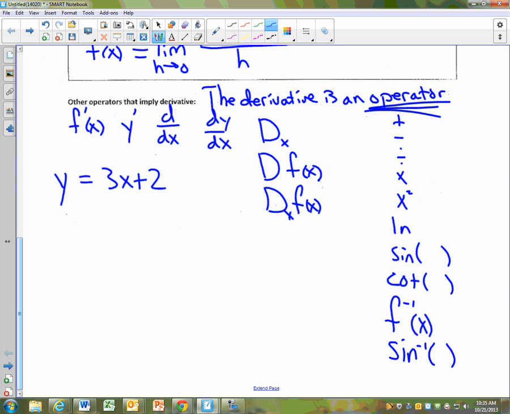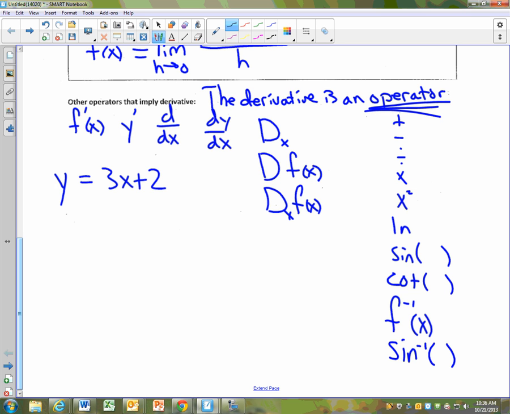So I want you to think about this for a second. You have a line. What is the slope of that line? 3. So what is going to be the instantaneous rate of change of that line at any given point? 3. So would you agree that if I take the derivative of this, I would get 3?